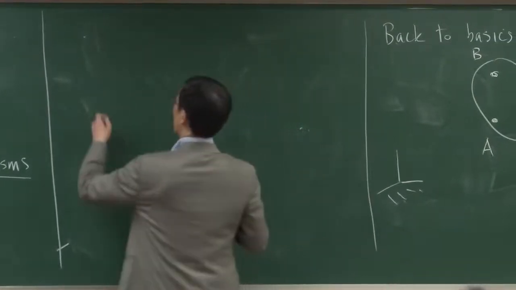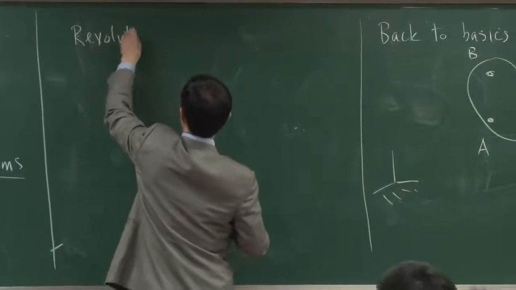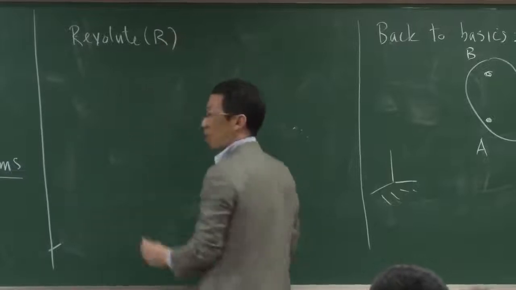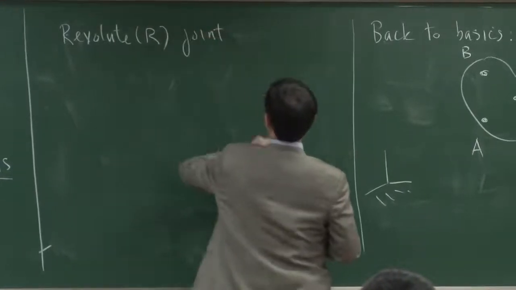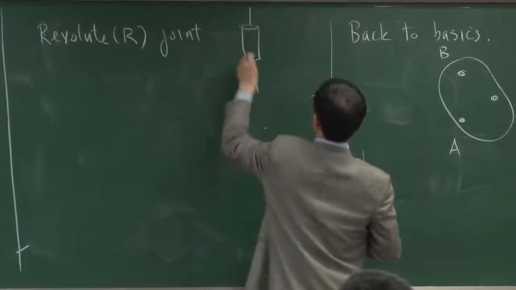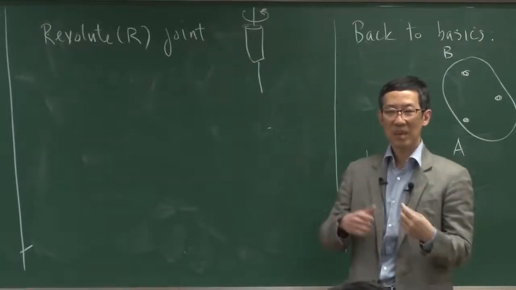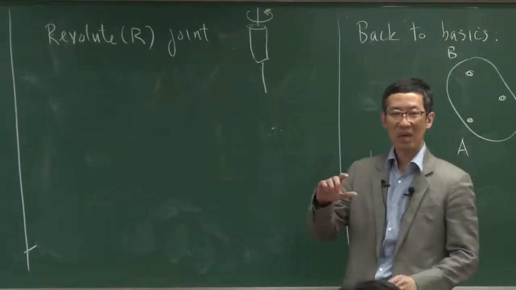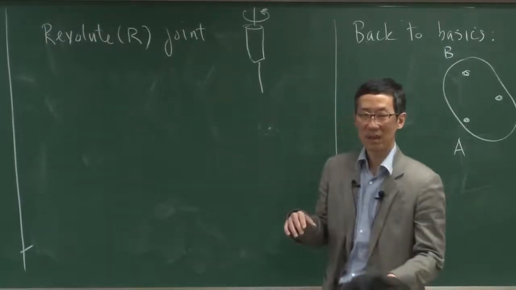It's called a revolute joint in the business, so use the letter R. It rotates. Some people call it a pin joint. Some people call it a hinge joint. We'll call it a revolute joint or R joint.